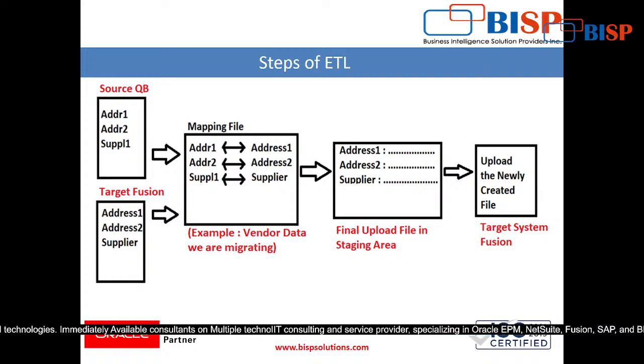First of all, source QB, just imagine that in source QB there are ADDR1, ADDR2, ADD supplier 1 like this. But in target system, what do they need? They need a clear language. Now for this, what we will do here, let me take again the pen.